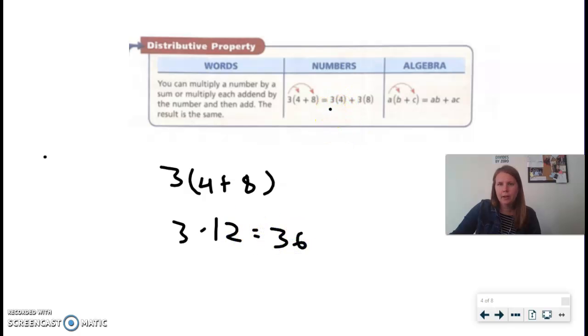If I solved it out here, I'd have 3 times 4 is 12, plus 3 times 8 is 24, which also would give me 36. So there's multiple ways to do it. You can either distribute first, or you can solve in the parentheses. The tricky part gets to be when we have variables in there. And if we have a variable in our parentheses, then we can't obviously solve unless they tell us what that variable is.